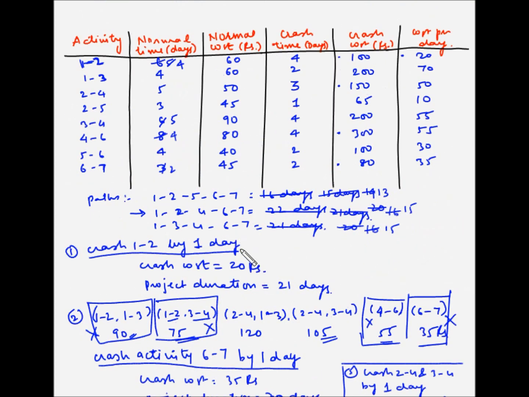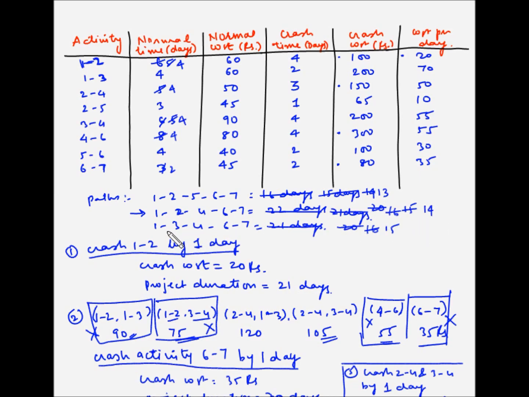So 2-4 has been crashed by 1 day, and 3-4 has also been crashed by another 1 day. Now this path 1, 2, 5, 6, 7 does not have either 2-4 or 3-4, so the duration remains the same. 1, 2, 4, 6, 7 has 2-4, which has been crashed by 1 day, so the duration becomes 14 days.